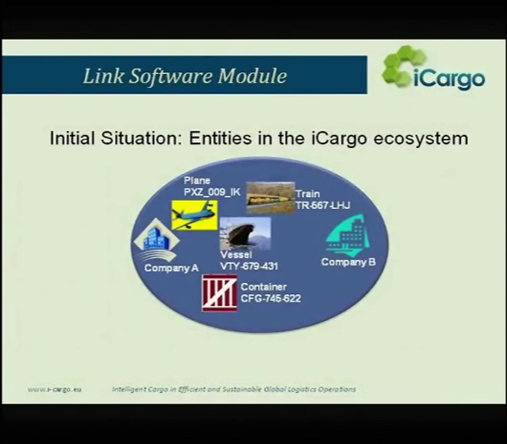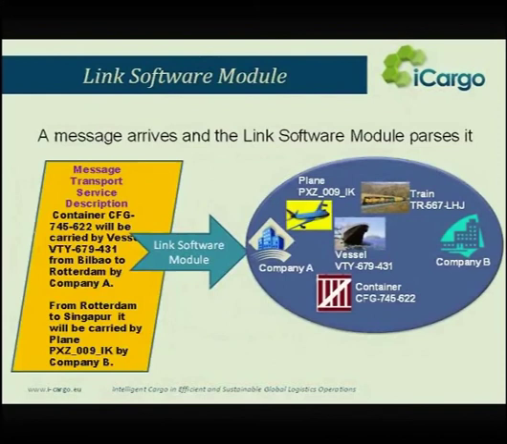So let's go with an example. Suppose this situation where there are a number of entities in the common framework ontology served by companies in the iCargo ecosystem. These entities exist, but they are disconnected. But a message arrives. A message with a transport service description saying that a specific cargo will be carried by a certain vessel from Bilbao to Rotterdam and from there by plane to Singapore.